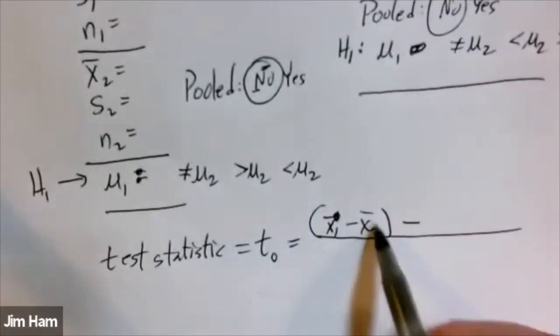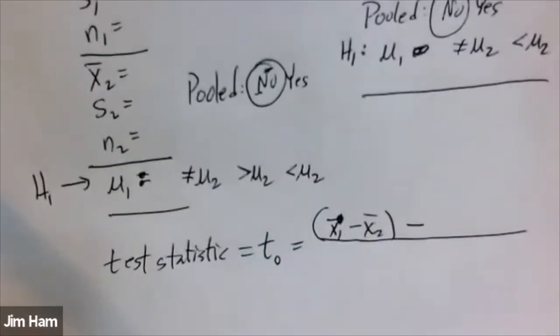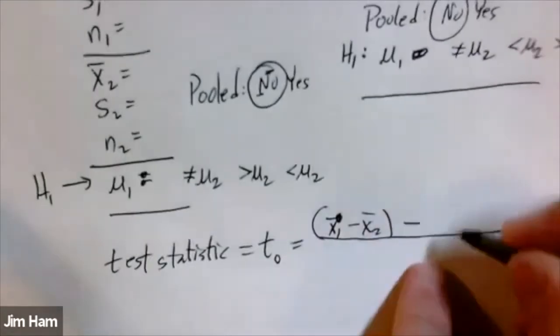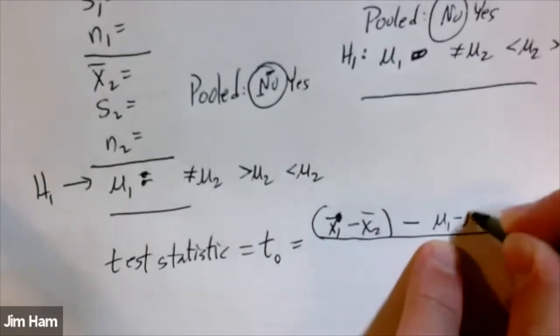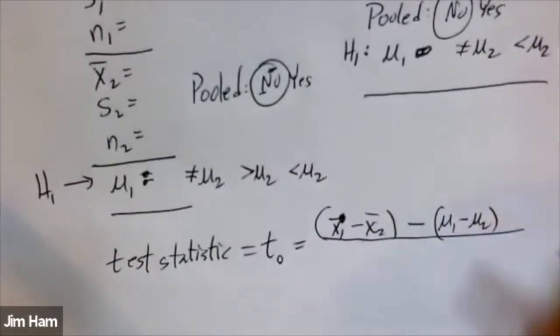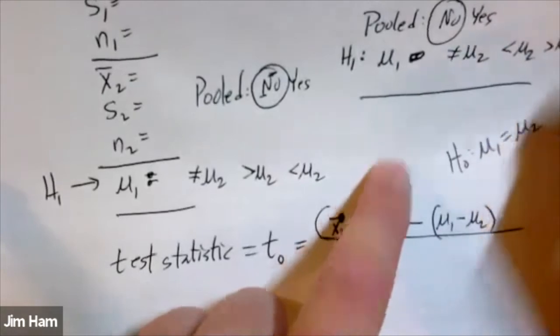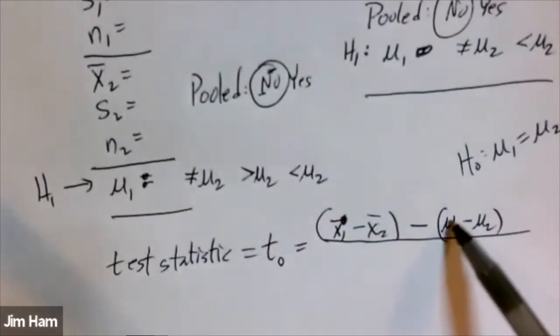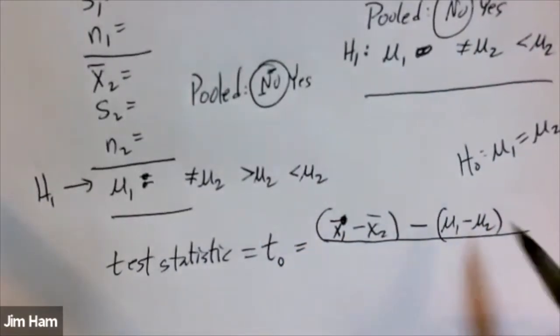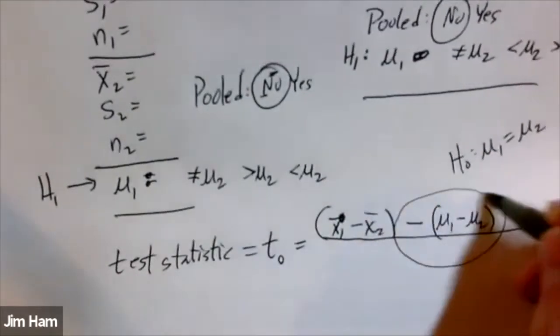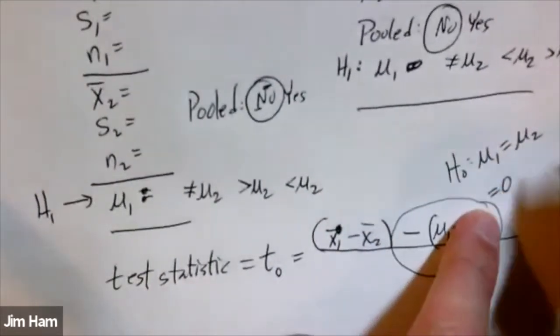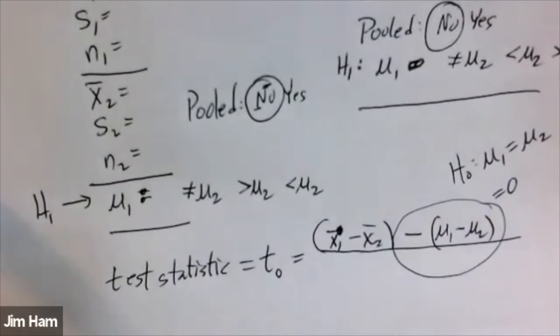So what we're doing is we're calculating a test statistic based on the differences in the means. And then we subtract the population means. And because our null hypothesis is mu1 equals mu2, we're going to assume this to be true. When we subtract mu1 minus mu2, this whole piece is equal to 0. So usually it just doesn't appear.